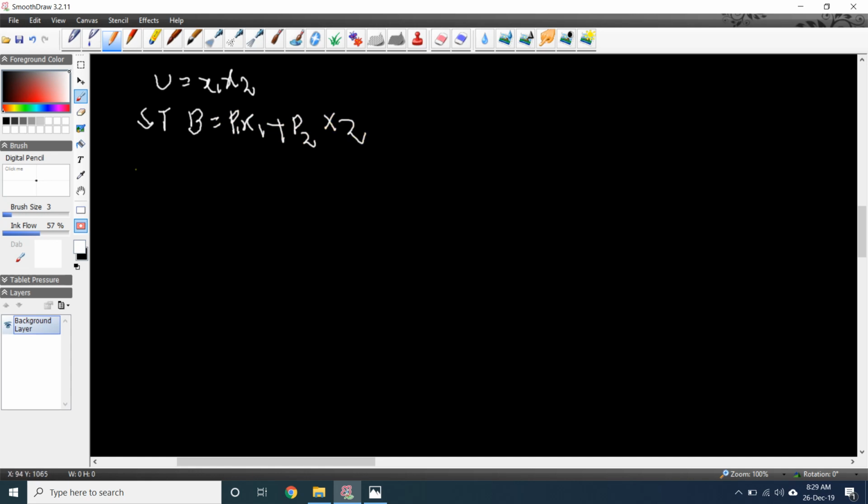Now we will set up the Lagrangian function z equals x1 x2 plus lambda times the normalized constraint, b minus p1 x1 minus p2 x2.